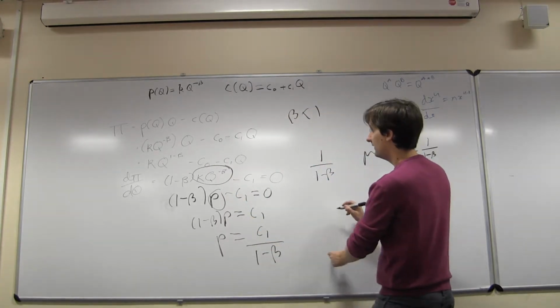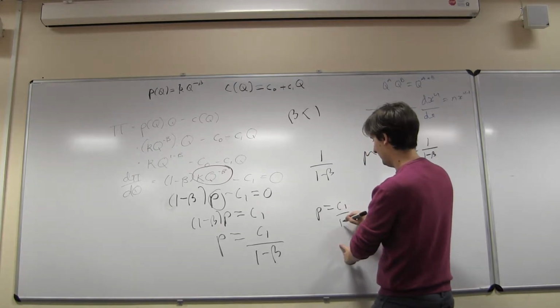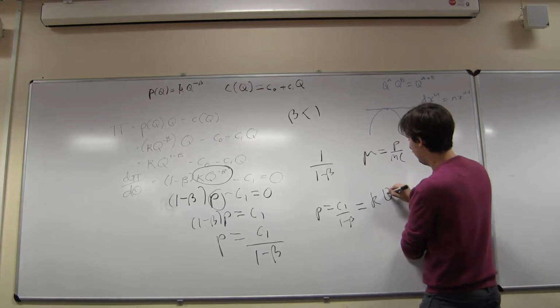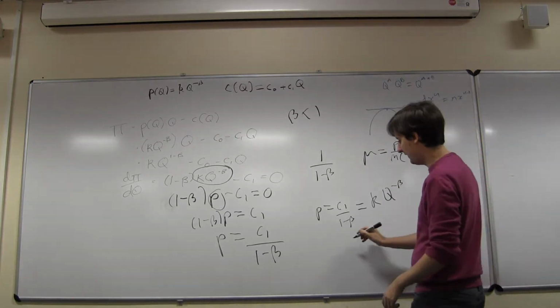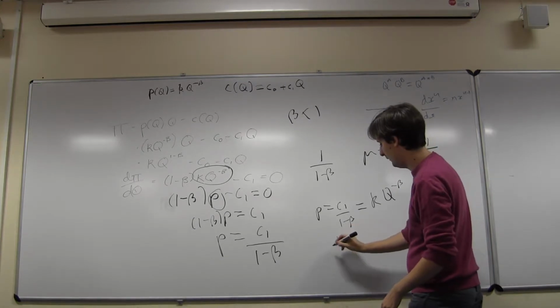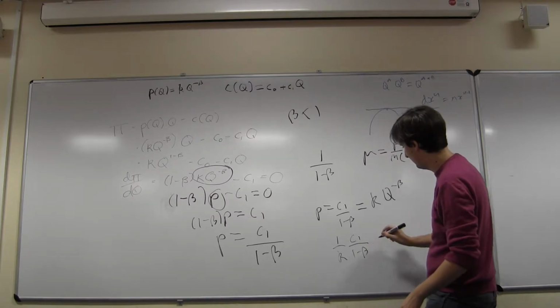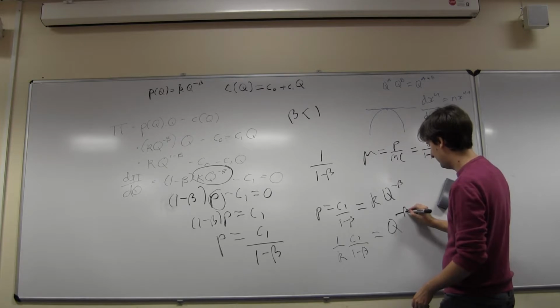So if the price is equal to C1 over 1 minus beta, but we know that the price is equal to K times Q to the minus beta, then you divide by K, so 1 over K times C1 over 1 minus beta is equal to Q to the minus beta.